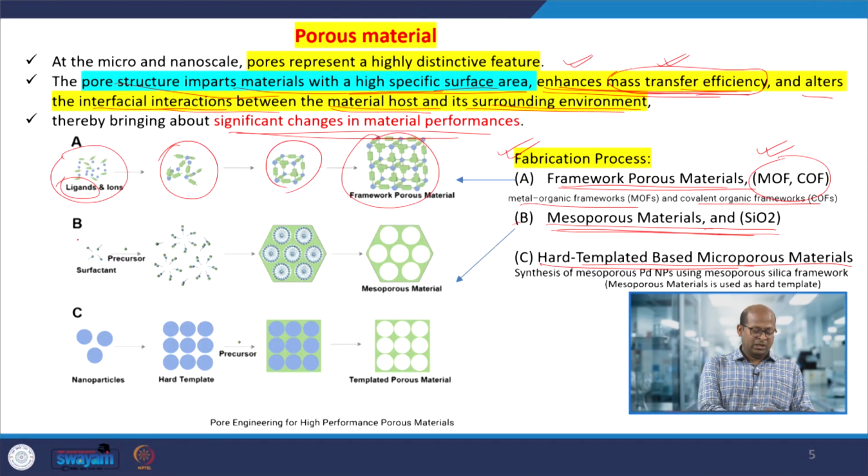If we want to prepare silica, we take silica precursors like tetraethyl orthosilicate, and with that we have to use some surfactants. Many surfactants are available in the open literature, cationic, anionic or neutral, and we can take any surfactant. The detailed methods we have already discussed.